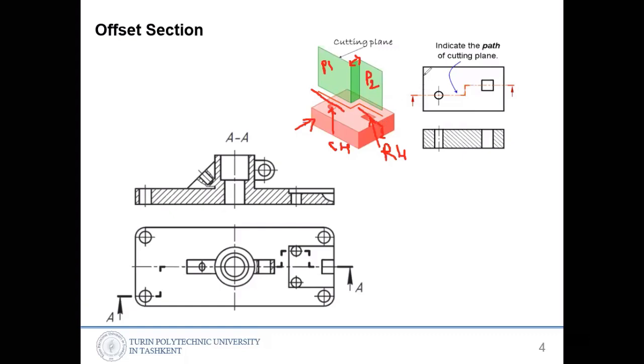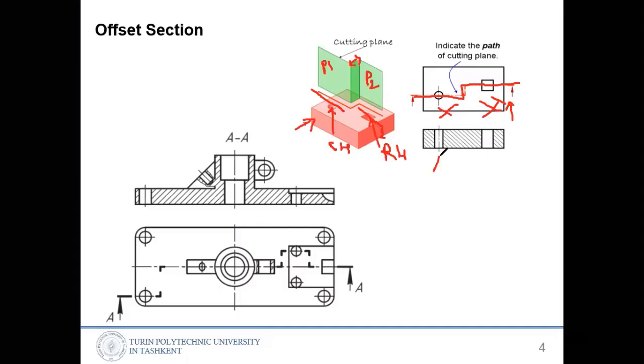And how to show it? If you see from the top, it's something like this. This one is a cylindric thing, and this is a rectangular square prism hole. We are cutting this way, going up and like this, removing everything here and looking from the bottom to top. What you see here is like this.